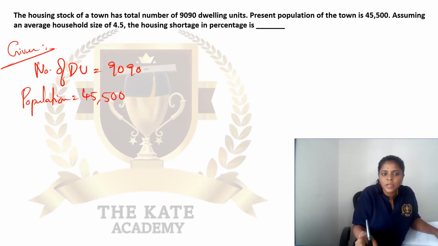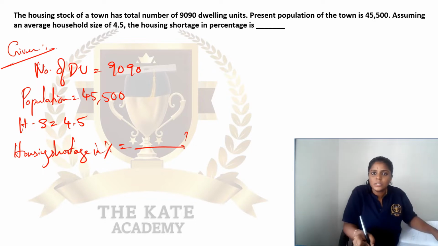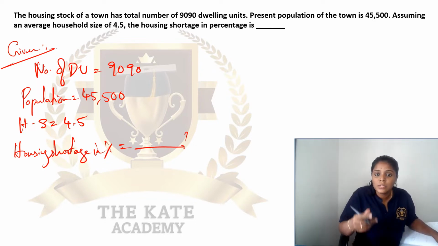Assuming an average household size is equal to 4.5. Housing shortage in percentage equal to how much? Notice they have asked the housing shortage in percentage. So always write the final answer in percentage.